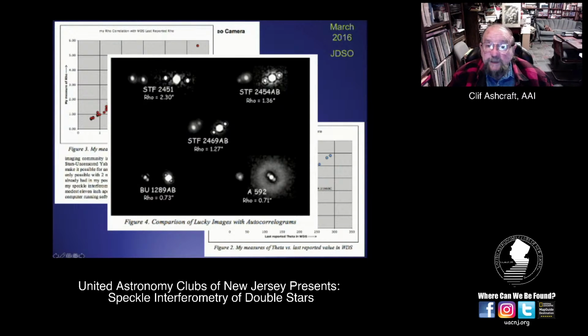I'm supposed to use this one because that's which side of the double star the secondary component actually is. It gets harder as they get closer together. For example, at 0.71 arc seconds, I get a beautiful autocorrelogram, easy to measure, but I can just barely tell it's a double because there's a lump on this side of the brighter object.